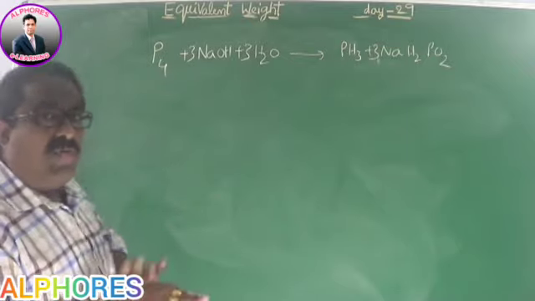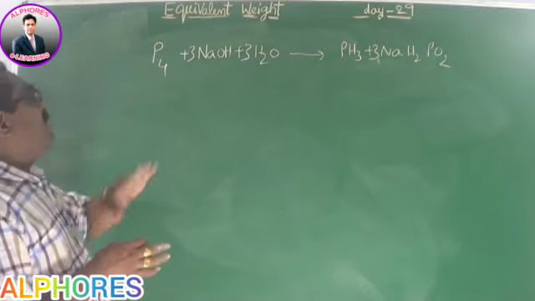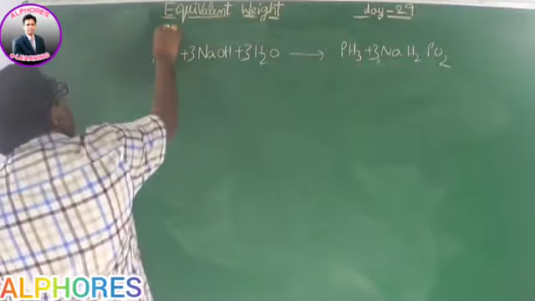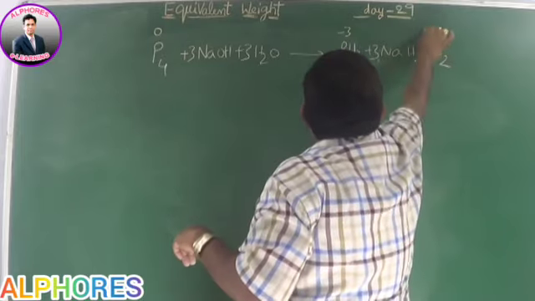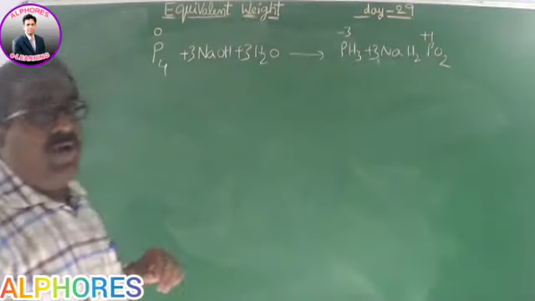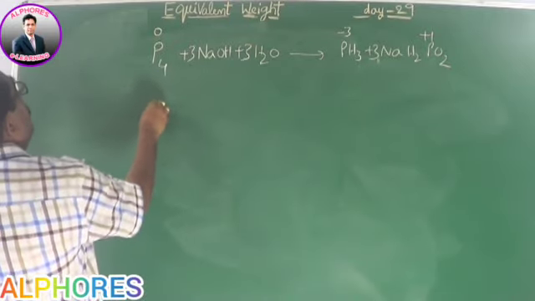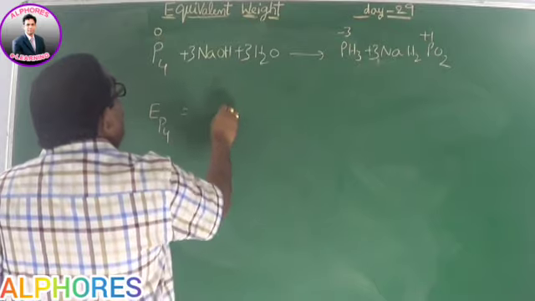Let me go for the formula approach first directly. For the formula approach, there is no need of a balanced equation. Directly you can write 0, then -3 and +1. So phosphorus is undergoing both oxidation as well as reduction. Let me go for the formula-based approach.